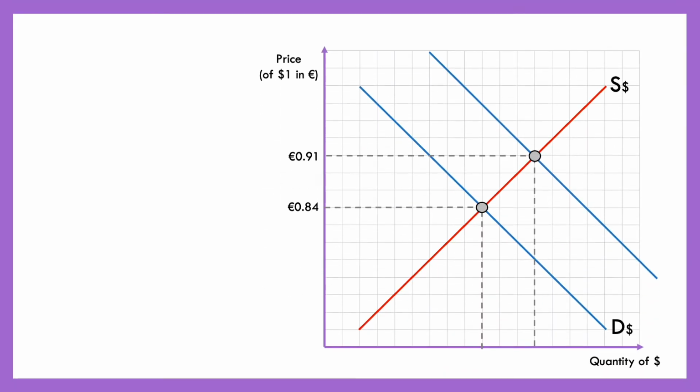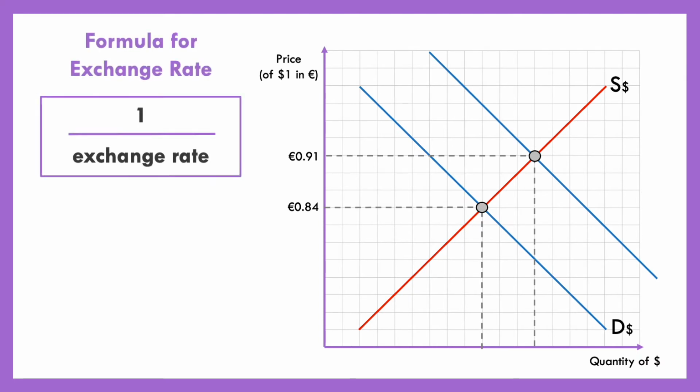Now, whenever we say that the price of one US dollar has gone from 0.84 euros to 0.91 euros, what does that mean for the price of 1 euro? Remember, we had said before that the price of 1 euro was $1.18. Well, now after this change, what's the price of a euro? There's actually a really, really easy formula for us to find the exchange rate going the other way. All you have to do is take 1 over the exchange rate.